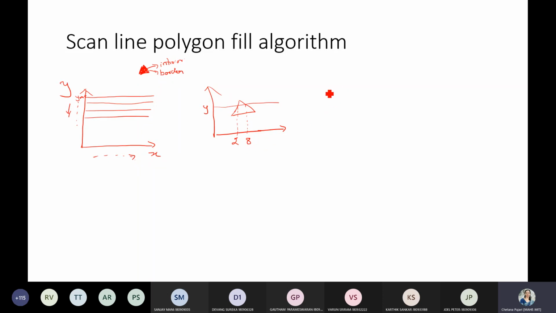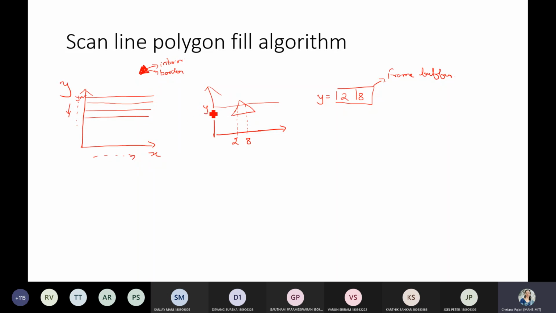Then you're going to form a pair, whatever the y value is there on that 2 and 8. So this will be our frame buffer. You are going to place your coordinate values in a frame buffer, and then you're going to identify a pair. So what's a pair here?